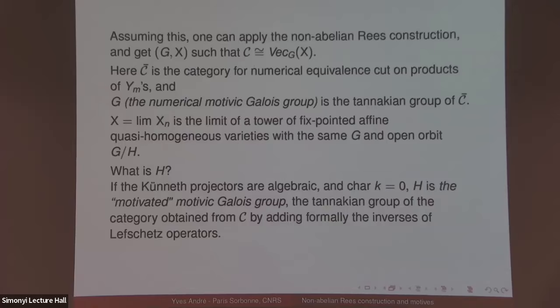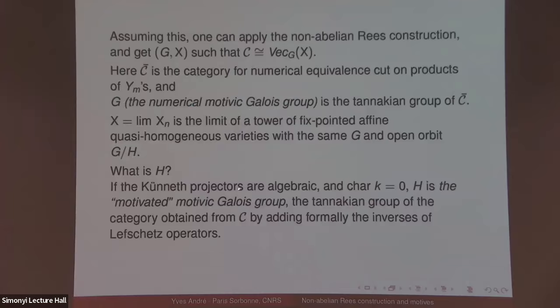semisimple. And now we apply this previous theorem, so we get an X which is the limit of a tower of fixed-pointed affine quasi-homogeneous varieties with the same G and the same open orbit G over H. So what is H? I describe what G is here. This is the numerical motivic Galois group.